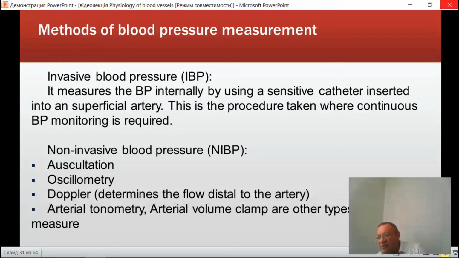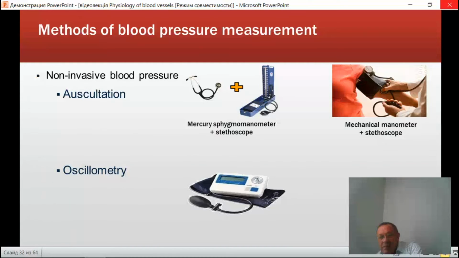Non-invasive blood pressure methods are auscultation, oscillometry, Doppler, arterial tonometry, and palpation methods. On the slide you can see non-invasive blood pressure auscultation and oscillometry.